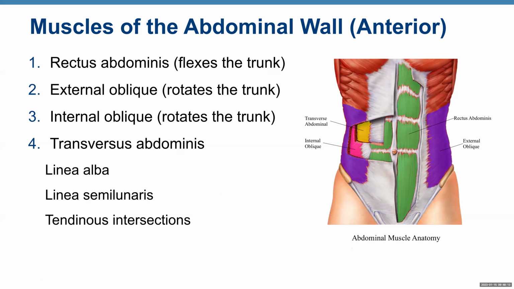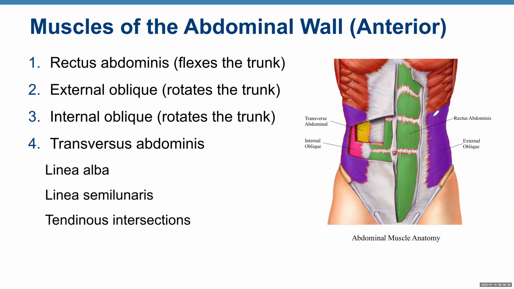Muscles of the abdominal wall, anterior part: rectus abdominis muscle. This is shown here in green. There is an abdominal aponeurosis covering rectus abdominis. So underneath this abdominal aponeurosis, the muscle that gives you six packs is our rectus abdominis.